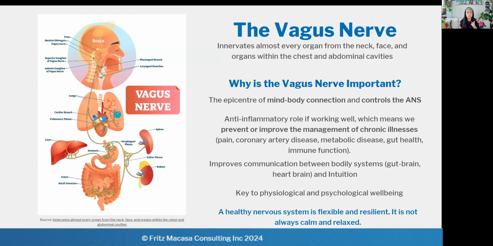It innervates our heart, our lungs, our stomach, our liver, our guts, as well as our spleen and our kidneys. This should give you a lot of bling, bling, bling already, because the performance of our vagus nerve is highly dependent on how our nervous system is.